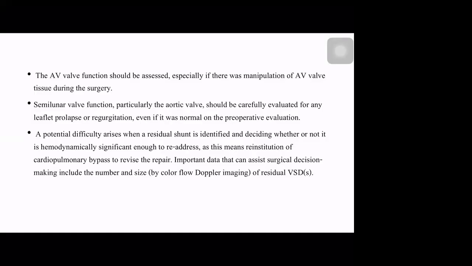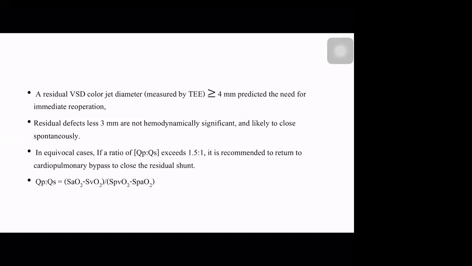This means reinstitution of the CP bypass to revise the repair. Important data that can assist surgical decision making include the number and the size of the residual VSD. A residual VSD color jet diameter in color flow Doppler study is measured.